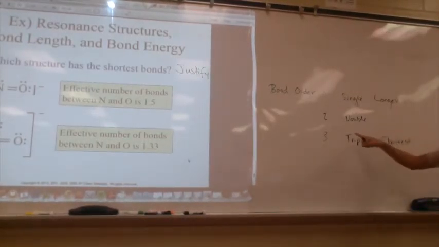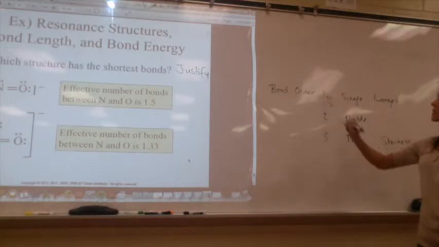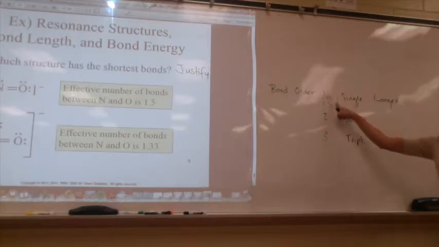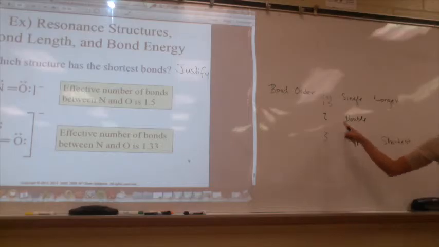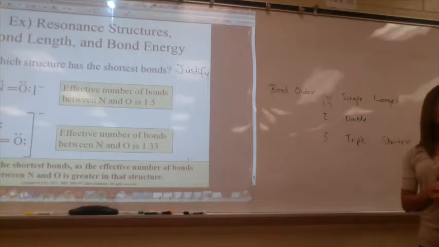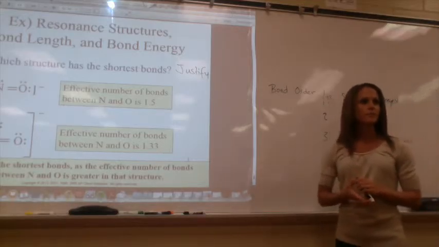If that's true, then 1.5 falls in here, and 1.33 is a little bit smaller, right? So which one is the longest? The 1.33, because it's closer to being like a single bond. And 1.5 is shorter because it's closer to being like a double bond. You can think of it in that order. So the shortest bond length, then, is what Mike said. The nitrate ion has the shortest bond length, as the effective number of bonds between N and O is greater in that structure. Does that make sense?